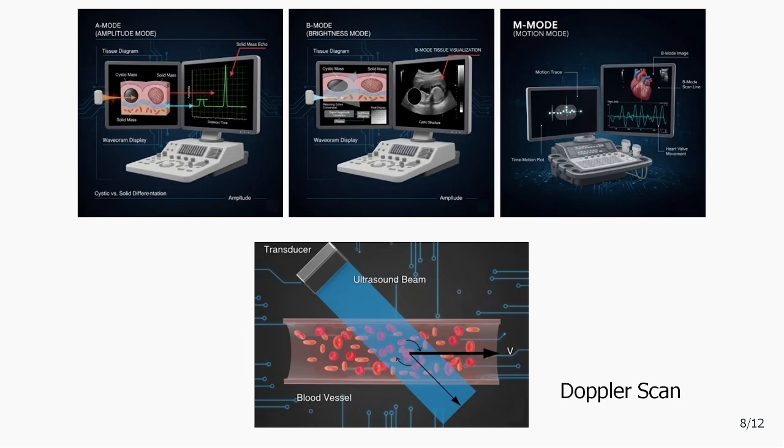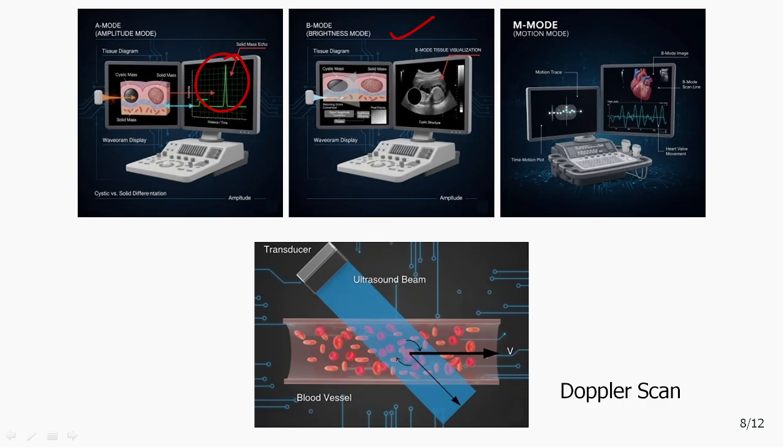Now these are the pictures you can mark here. In amplitude mode, the amplitude is shown as it is, giving only amplitude, for the tissue from which the echo has been captured, and the amplitude after attenuation is shown here.